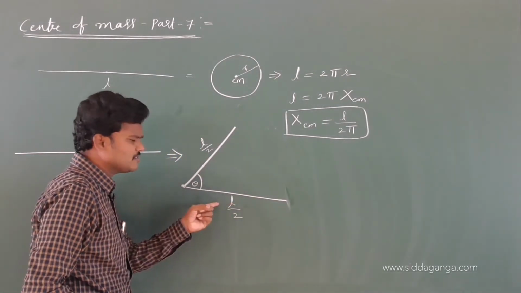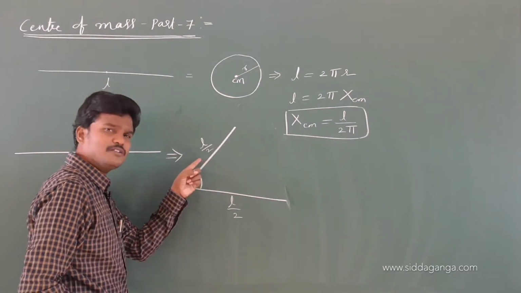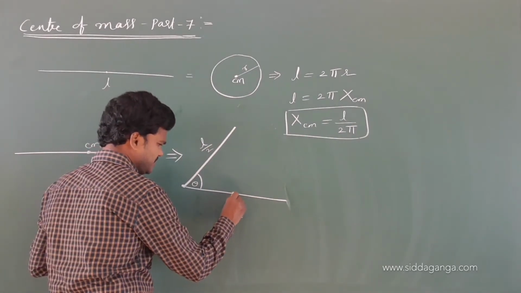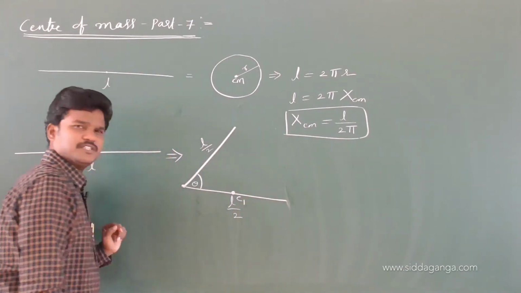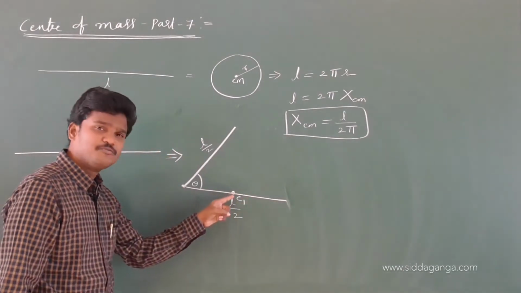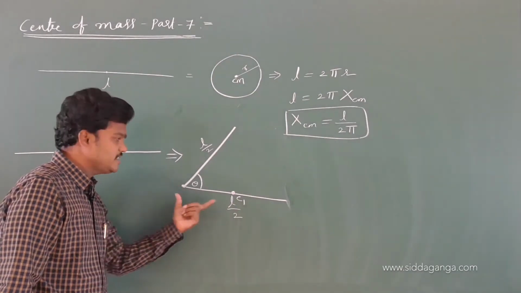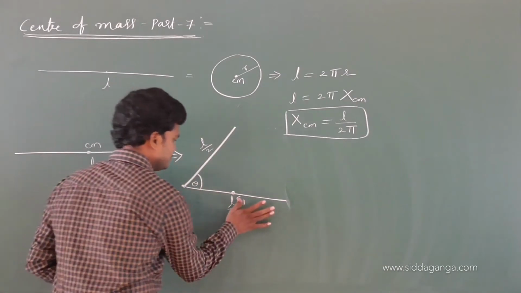Note down, center of mass of this part is at the midpoint of this wire, and for this also at the midpoint of that wire. So center of mass is here. Let me write C1. What is that C1? Center of mass of this wire. At what distance from the initial point? It is at a distance of L by 4.